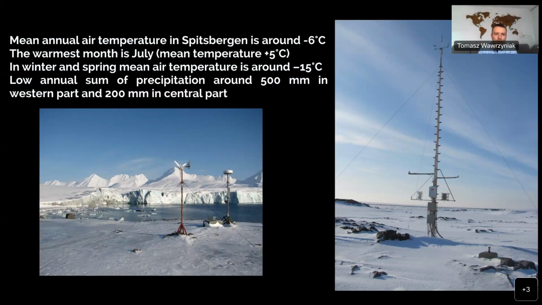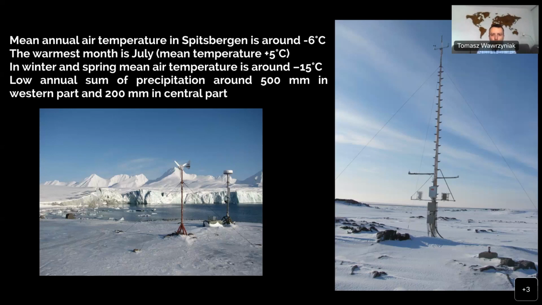The warmest month is July, when temperatures on average are +5, but you can also expect higher temperatures for short periods. For example, the temperature noted in Longyearbyen, the capital of Svalbard, reached more than 22 degrees during July. In winter and spring, the temperatures drop to around -15.